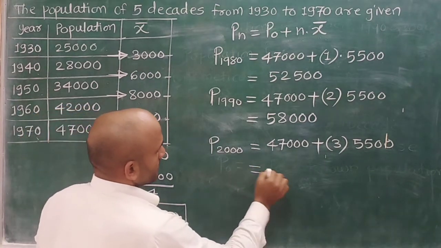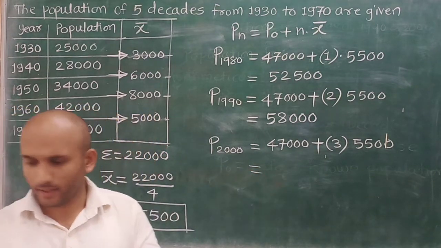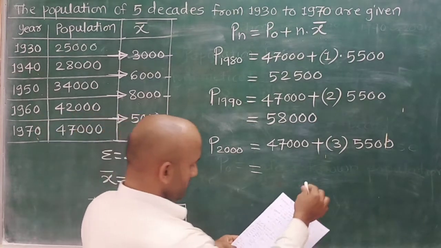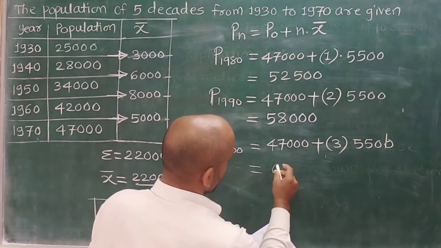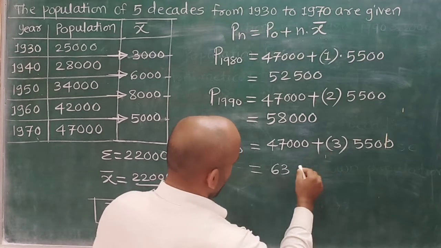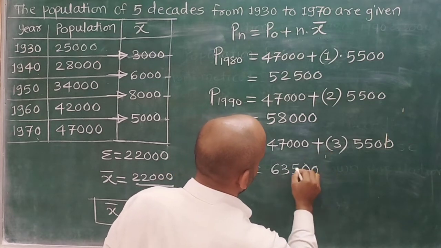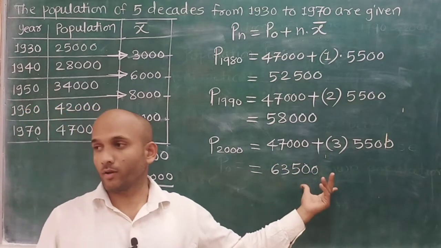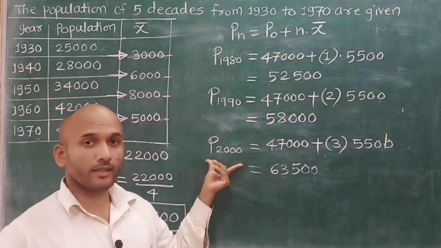So what is the answer? Population in 2000, the value comes out to be 63,500. This is the population in the year 2000.